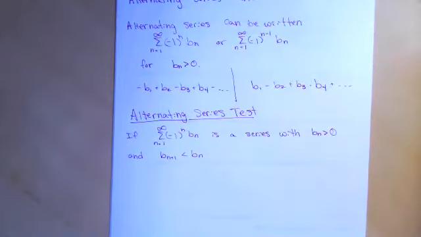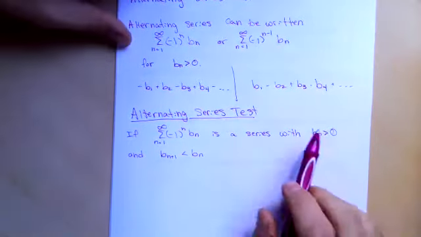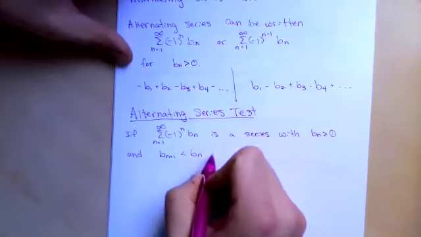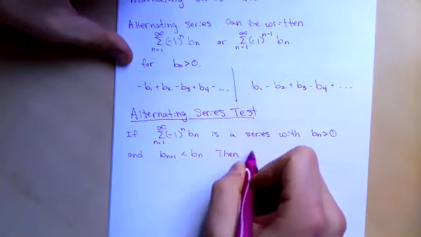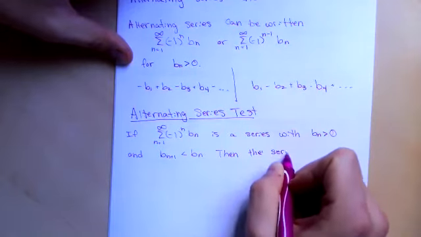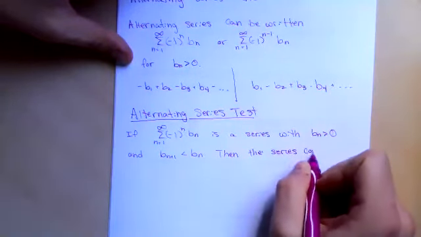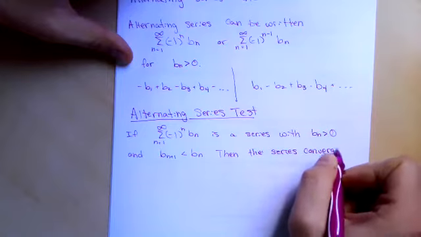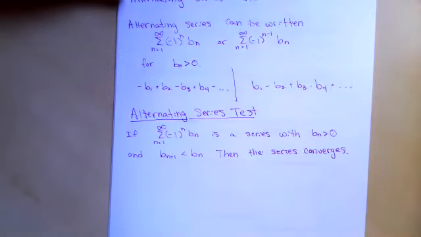So as long as it's a monotonically decreasing sequence whose terms are alternating, then the series converges. That's all there is to it.